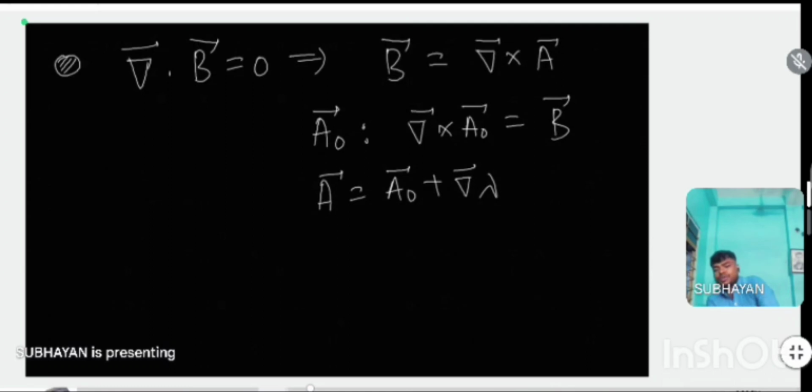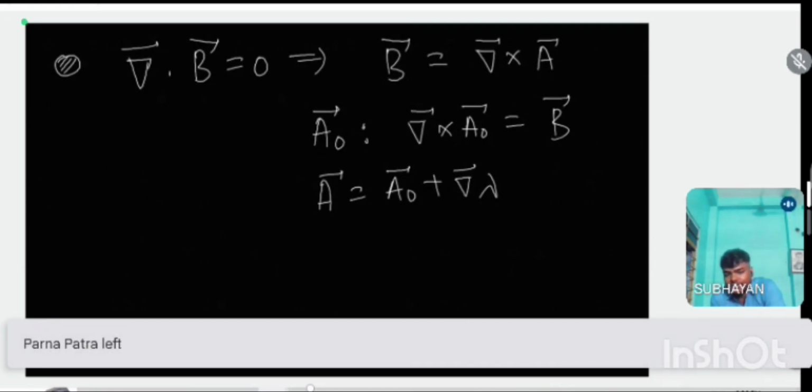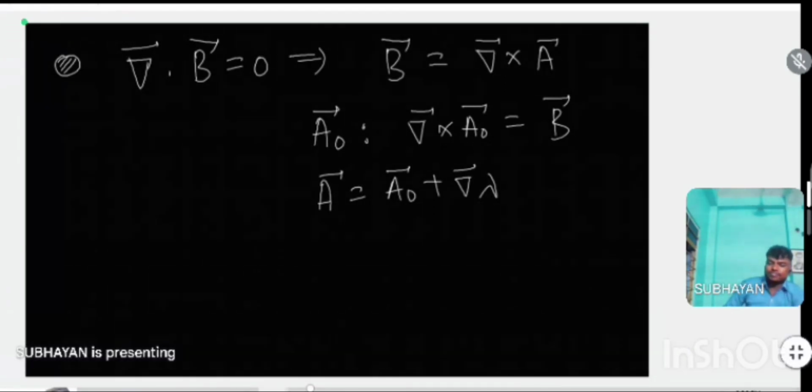So if you have any particular solution A naught, then also the solution A equals A naught plus grad lambda will satisfy the same magnetic field. Okay. So A naught is not unique. You can take other forms of A by varying the value of lambda. So this is lambda, which is the gauge function.